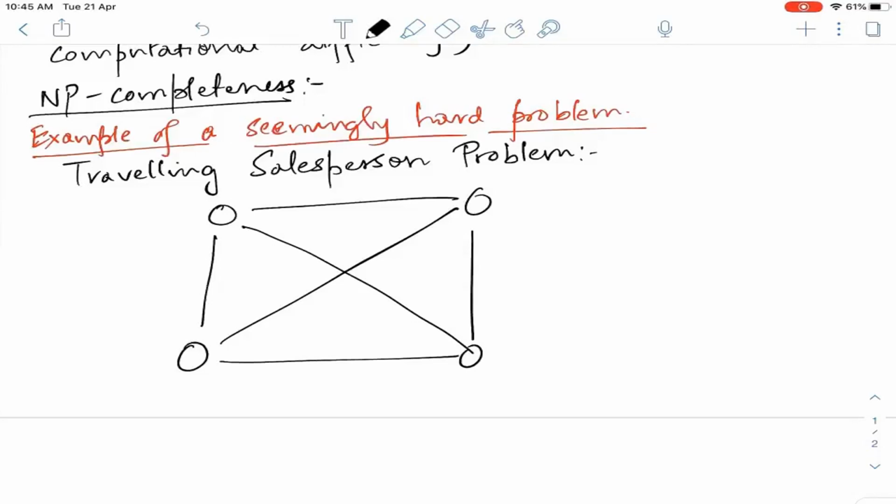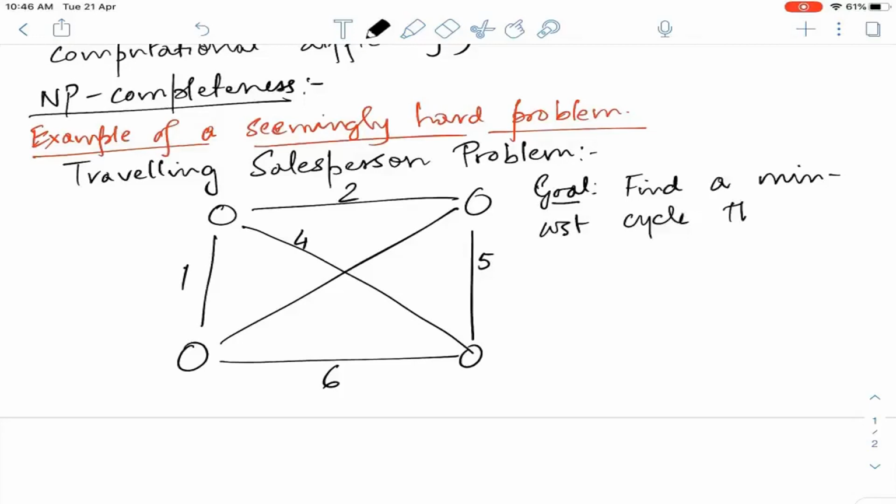Yeah, so let's say the lengths are something like this: 1, 2, 4, 5, 6. Okay, and the goal is to find a minimum cost cycle that visits every vertex exactly once.